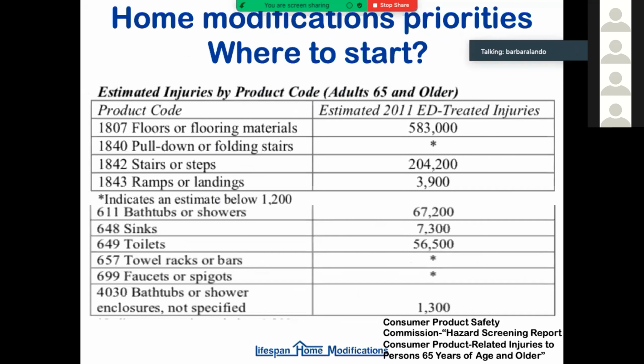Okay. So I like to figure out where we need to start, and a good place is the Consumer Product Safety Commission. They keep track of all the products that we have in our world and how many times adults over 65 are admitted to the emergency department. And that's what this slide is. And you can see that floors and flooring material come out way ahead of other products that are in the home, particularly for older adults.